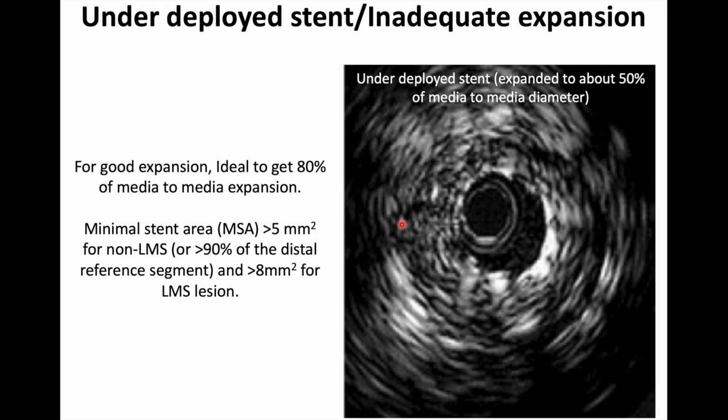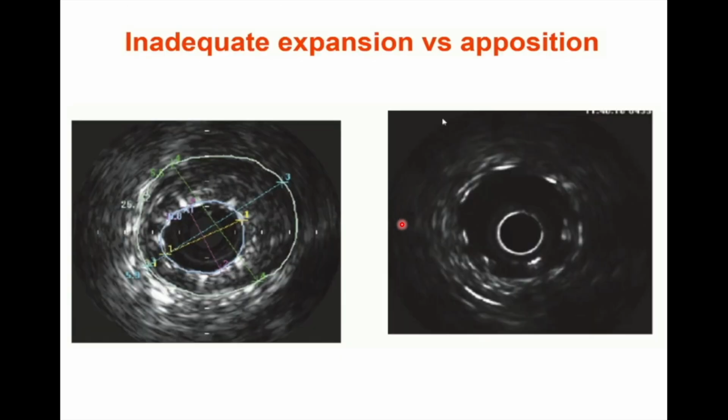But what's more important is that the final cross-sectional area of the stent should be more than 5 millimeters square for the non-left main stem, or more than 8 millimeters square for the left main stem lesions, or you compare it with the distal reference segment and it should be more than 90% of the distal reference segment. These are the criteria for a good expansion.